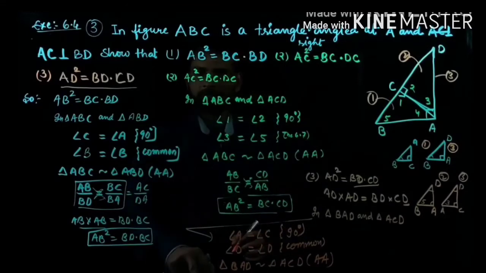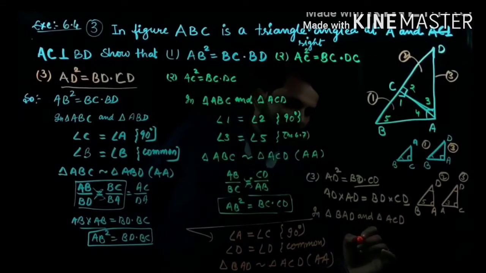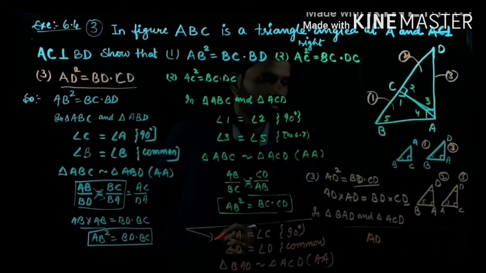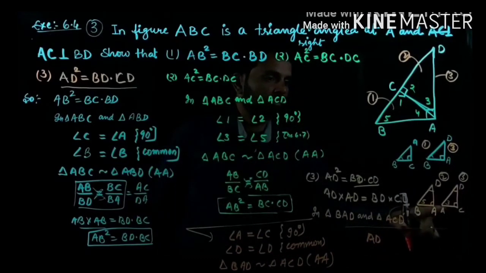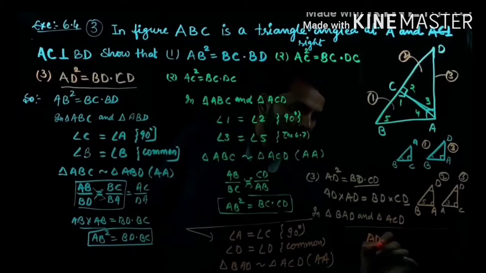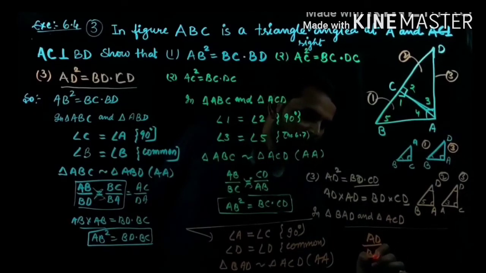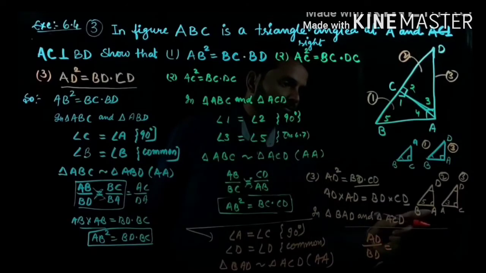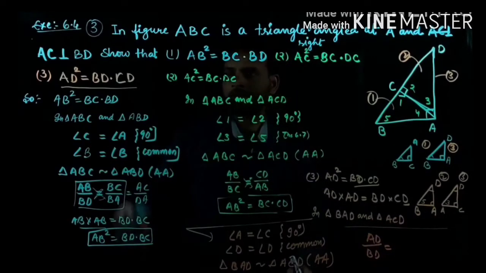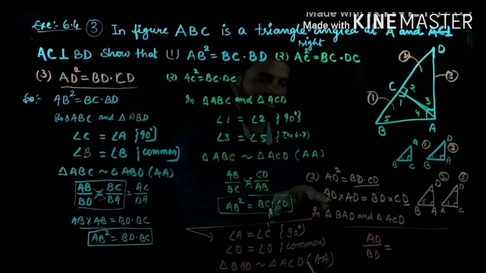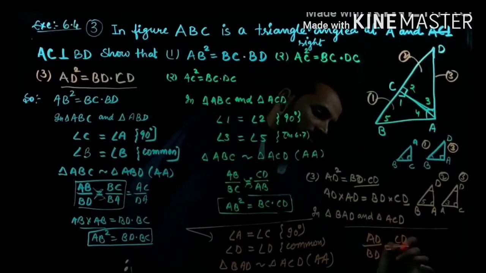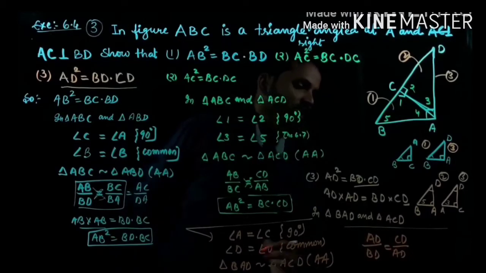And you write AD upon BD, and second, you will check AD upon BD and CD upon AD.